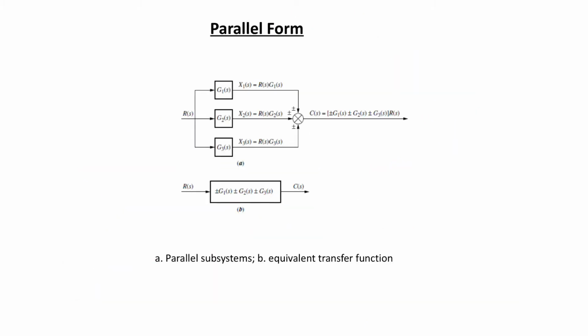Now the second is the parallel form. In the parallel form, let us suppose that we have functions with the same input and the same output, that is, we have parallel subsystems. The parallel subsystems have a common input and an output formed by the algebraic sum of the outputs from all the subsystems, and the equivalent transfer function is the output transform divided by the input transform.